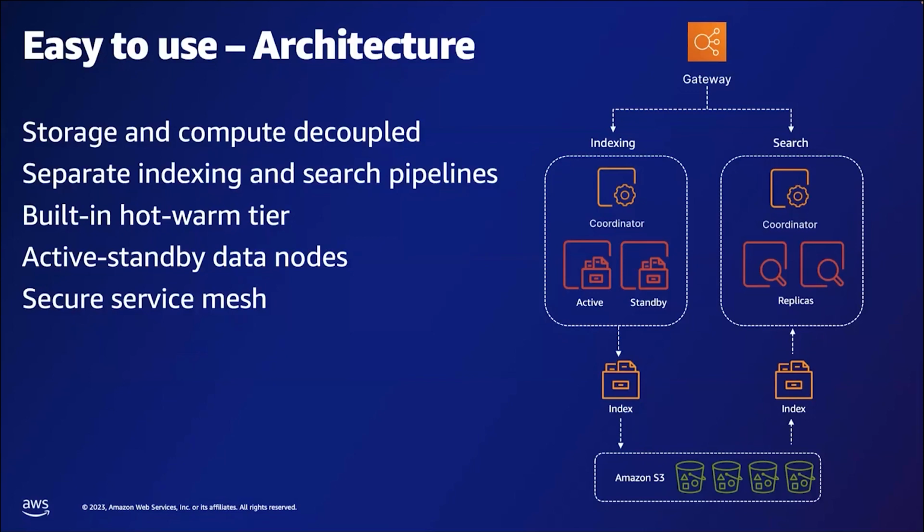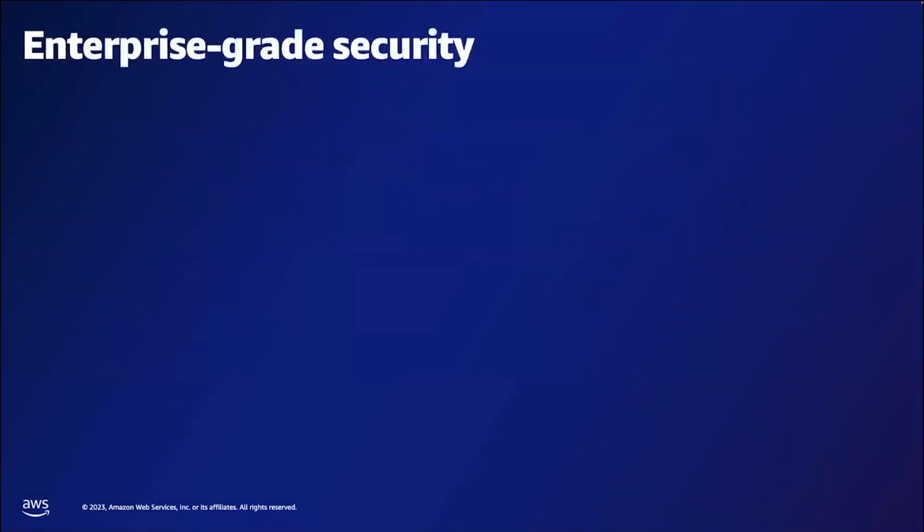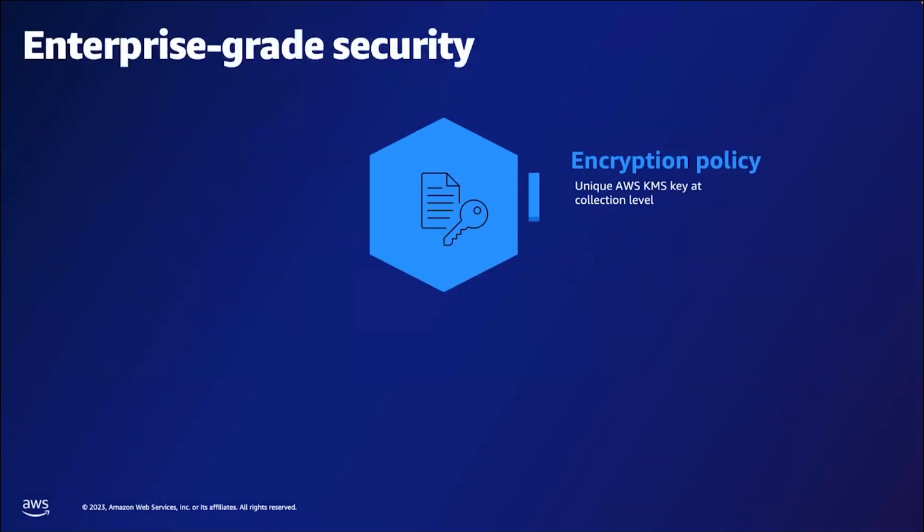Next, I'm going to talk in a little more detail about security, and how it has been redefined and rewritten with OpenSearch Serverless. At first, you have an option to define the encryption key for encrypting all of your data, whether at rest or in transit. You can define your own KMS key, or use the AWS managed KMS key.